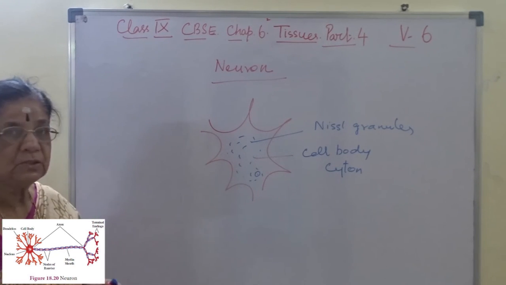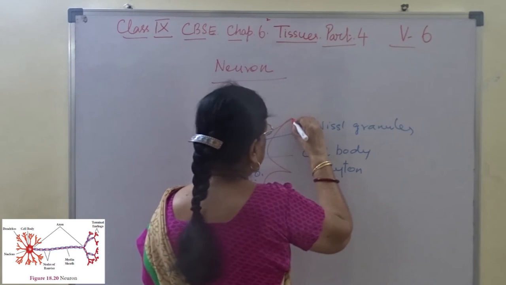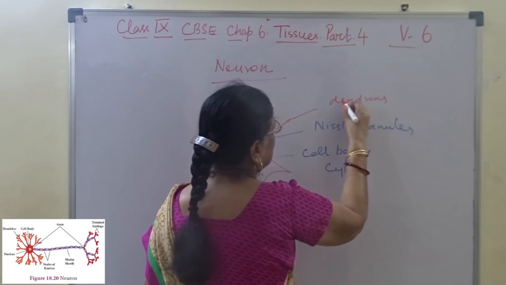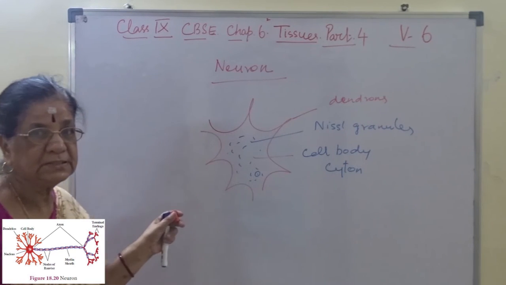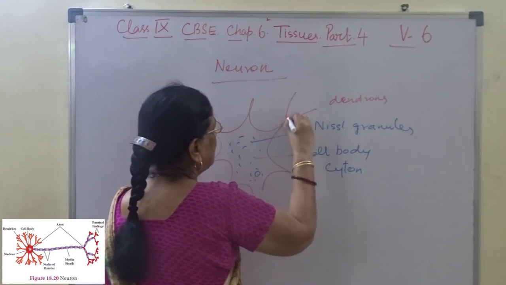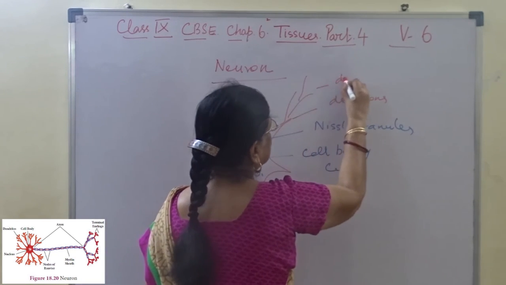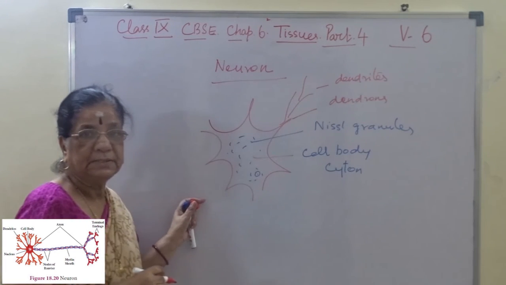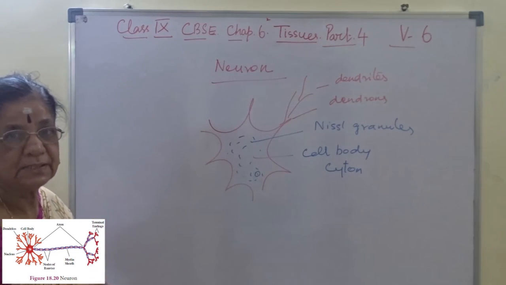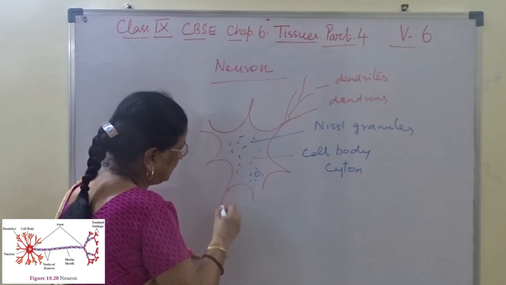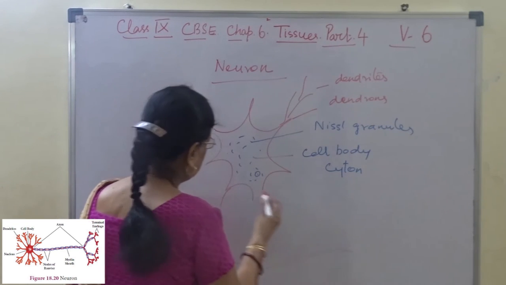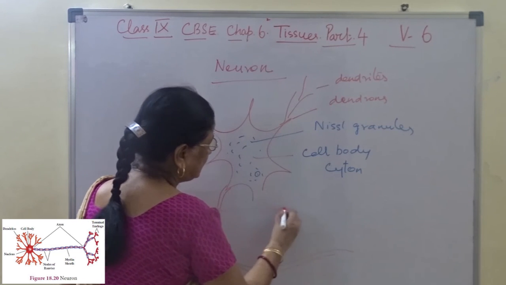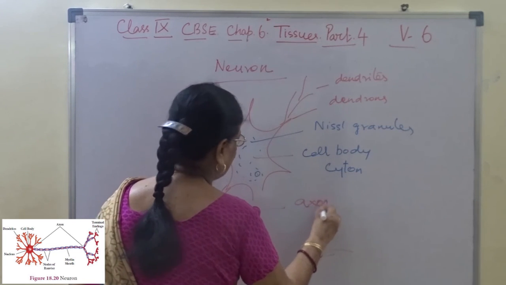Now this cytosol gives many branches called dendrons, that in turn give branches called dendrites. And one of the dendrons forms a branch like this, that is called axon.